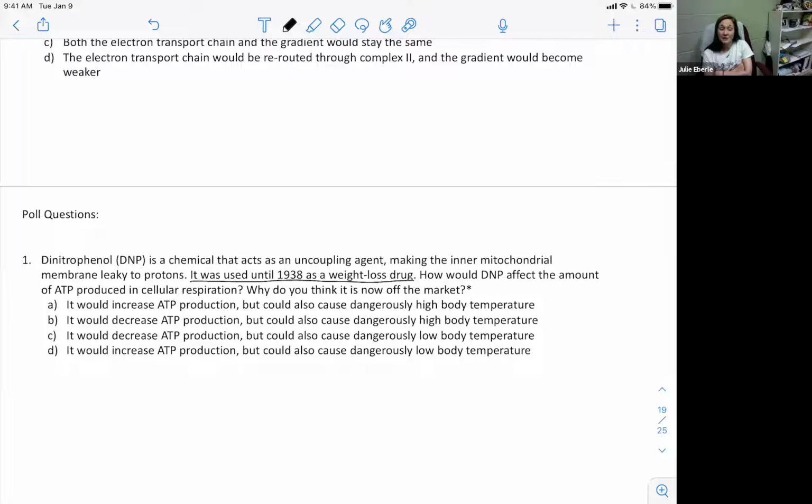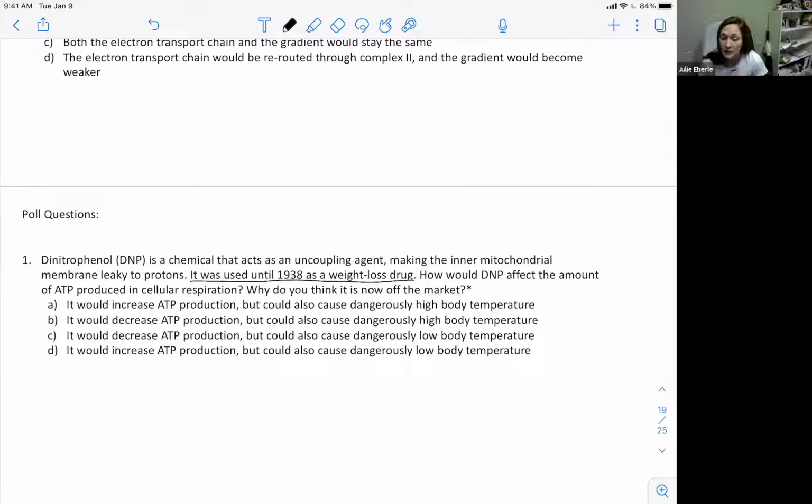Somebody else, somebody that actually picked B as your answer. I picked A because I figured the more reactions it would have, the higher body temperature would be because of the more reactions.